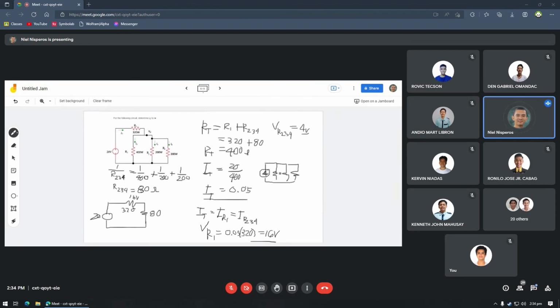Their individual currents must add up to 0.05, since IT is equal to I R1 is equal to I234.